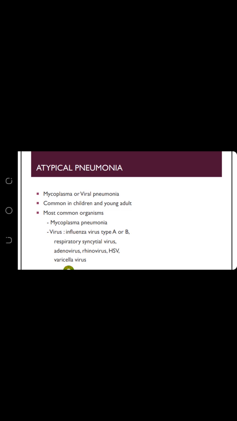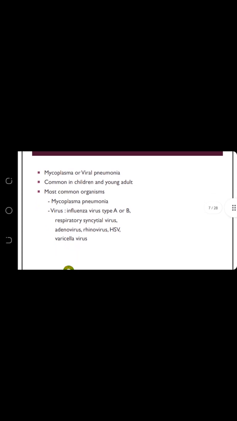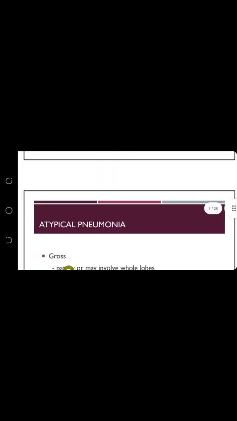When we talk about the viruses, we include influenza virus, of which we have type A and type B, then the respiratory syncytial virus. This one also is one of the major causes of atypical pneumonia. Then adenovirus, as well as rhinovirus and the Varicella viruses.